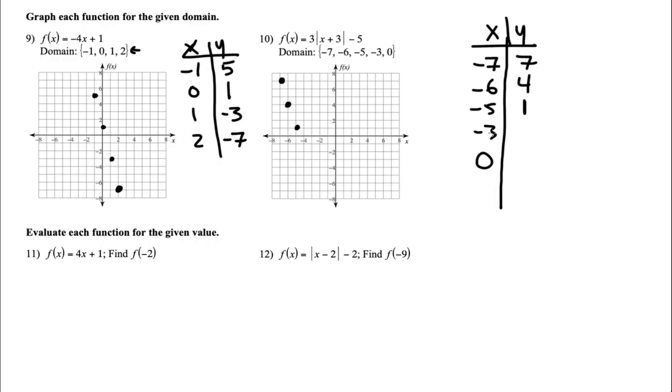When I put in -3, I get -3 plus 3 is 0. Times 3 is 0. And then subtract 5. So I get -5. So at -3, I am at -5, which would be down here.